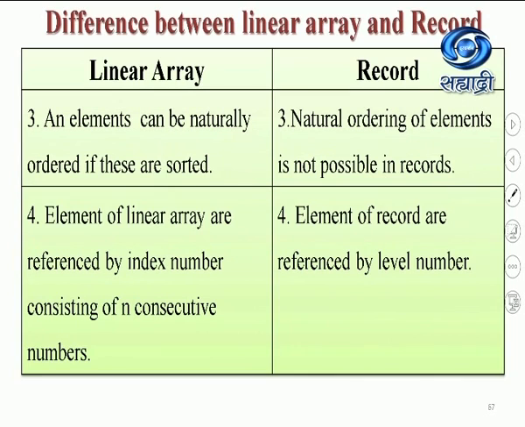Fourth, elements of a linear array are referenced by the index number. As we know, in arrays each and every element is accessed by its index number, consisting of n consecutive numbers, whereas in a record, elements are referenced by the level number.